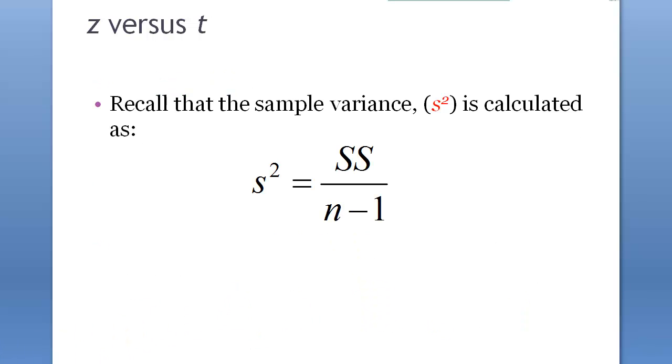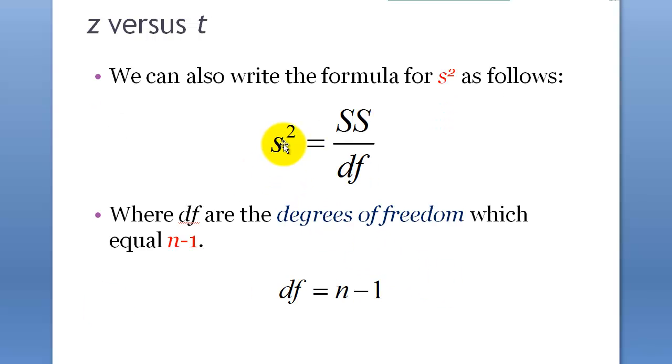And remember how to calculate sample variance: sum of squares divided by n minus 1. Why is this so important? Why did it come back again? Well, it's because of this. N minus 1 is gonna be kind of important later on. It's called degrees of freedom, denoted by df. And why is this so important?